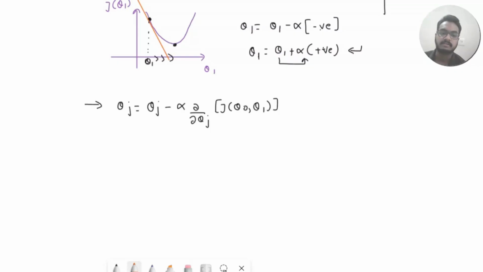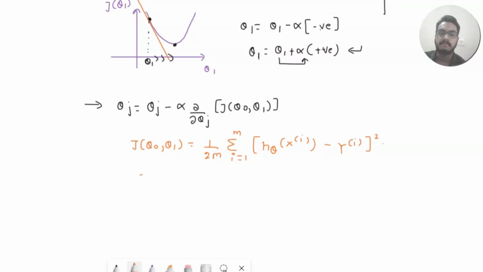Let me also write the expression for the cost function. J of theta 0, theta 1, we know, was 1 over 2m, summation going from 1 to m, of the mean squared error term, h theta of xi, the predicted value, minus the actual value yi, squared.